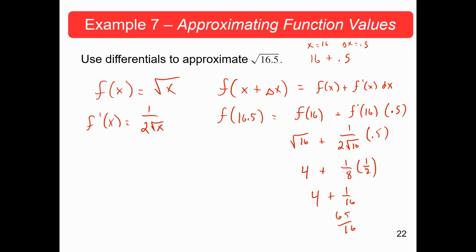So if you put that in your calculator and ask for the square root of 16.5, you can find the square root button. You get 4.0620192.